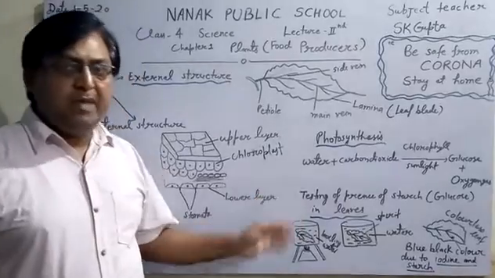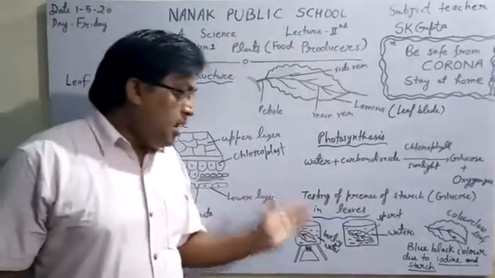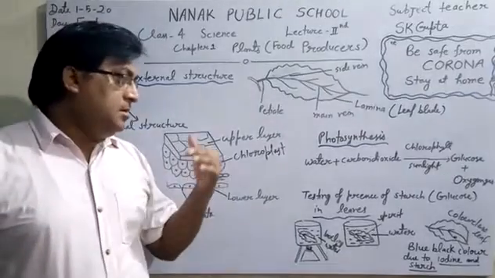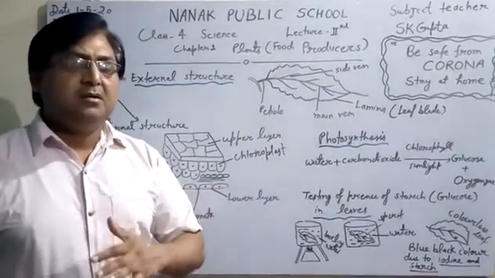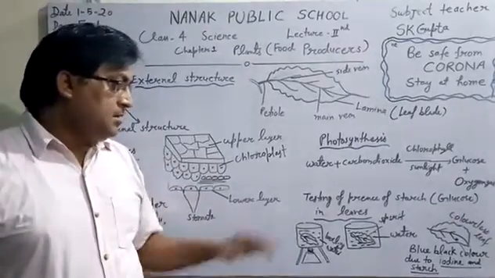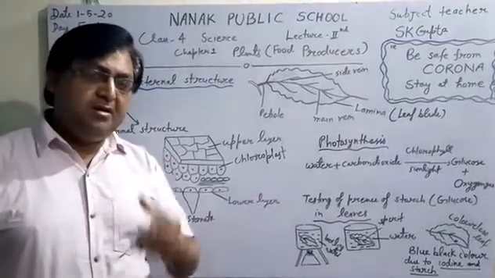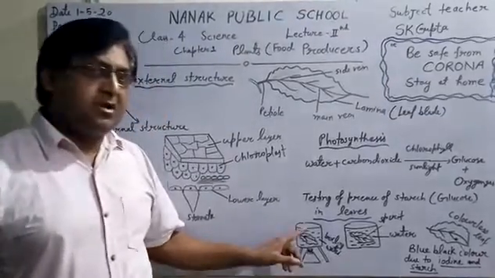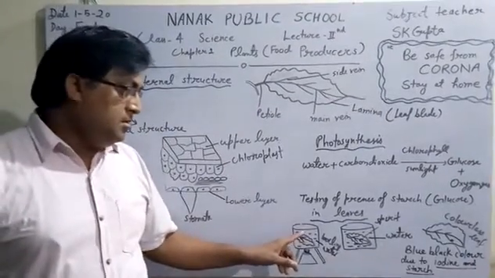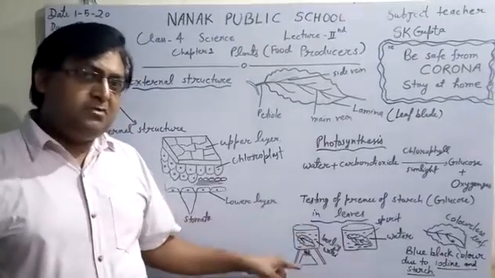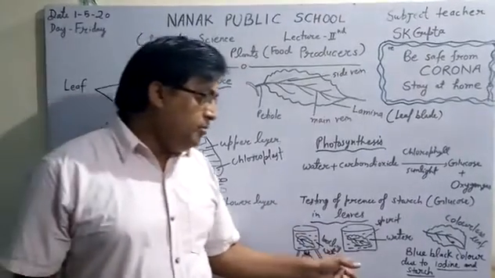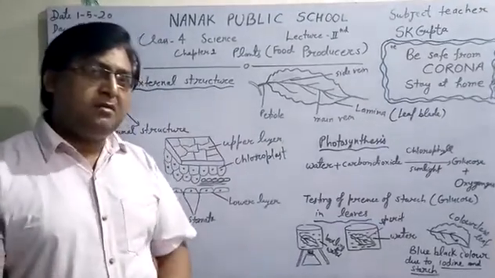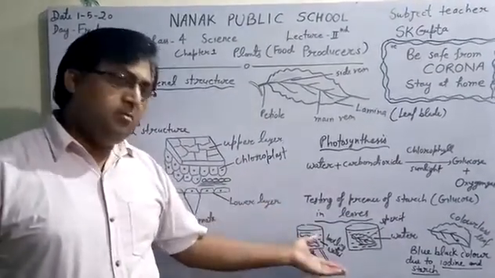Now we have to study how we can test the presence of starch in leaves. First we take a green leaf and boil it in a container. After boiling the green leaf in water, we have to use spirit and water on the boiled leaf.